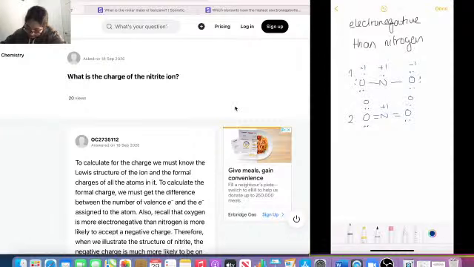Our third option: here nitrogen could single bond with one oxygen. So which one would be most likely? Here's oxygen, single bonded, and then we have a double bonded O here, which would have 2 lone pairs.